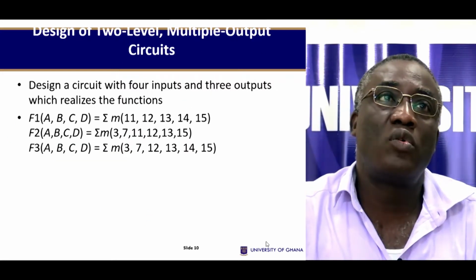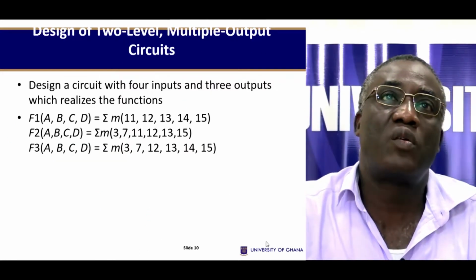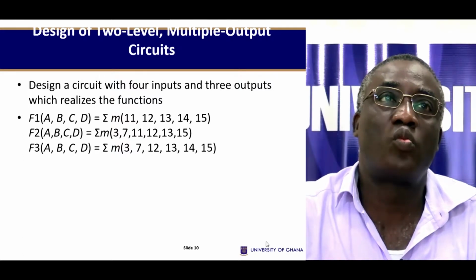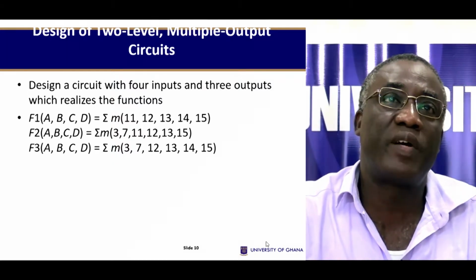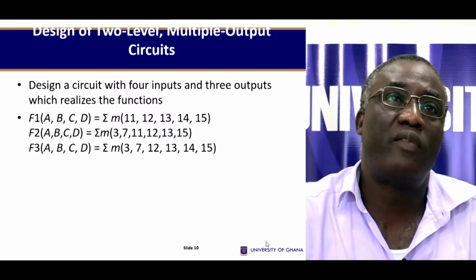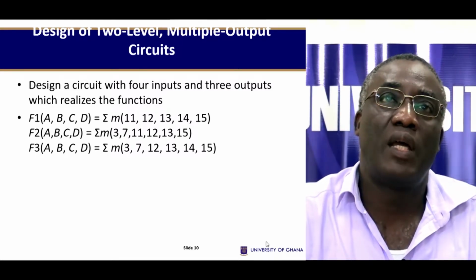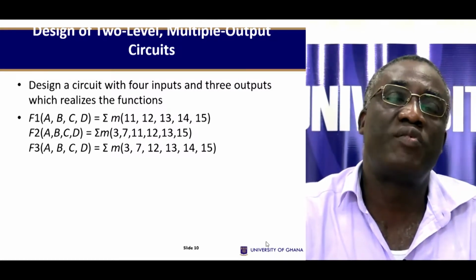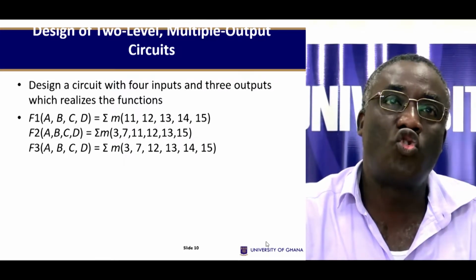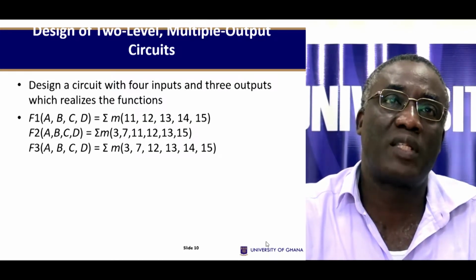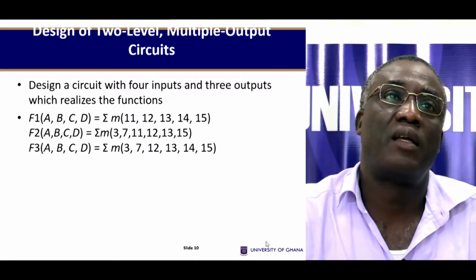As an example, design circuits with 4 inputs and 3 outputs which will realize the following functions: F1, F2, F3, and those are the terms that need to be realized. I'm sure you should be able to write out the functions of the circuits for this as they are.